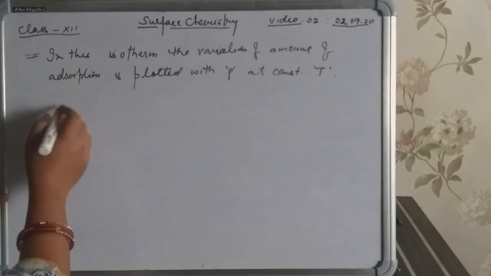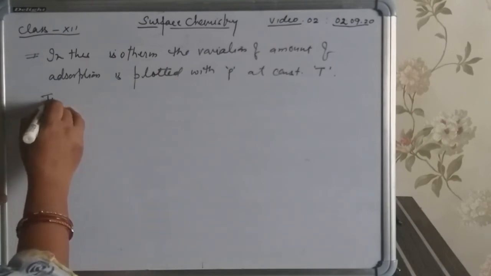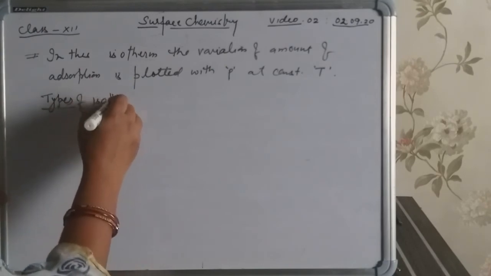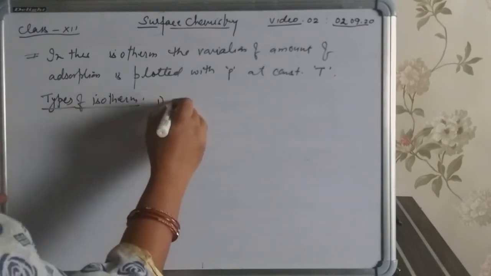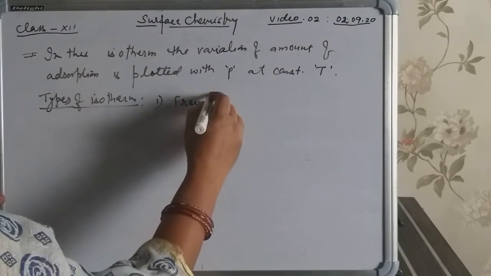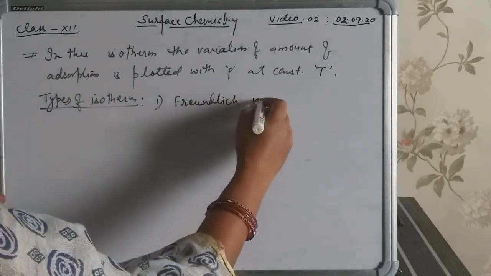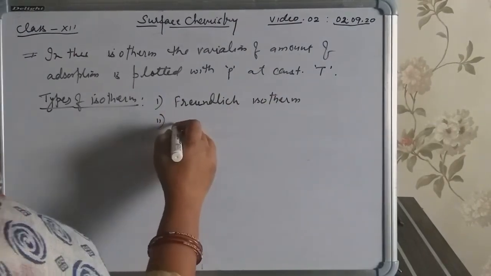Types of isotherm: one is Freundlich isotherm, and the second one is Langmuir isotherm.